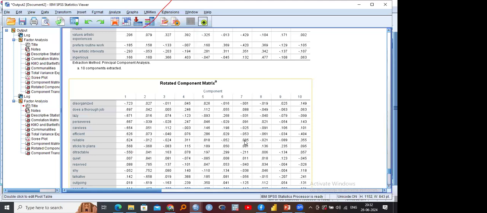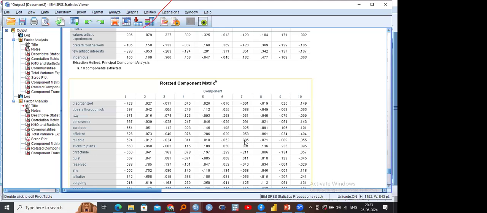And this is the beauty of factor analysis. If we look at these variables, they are almost similar to each other. A person who is disorganized will obviously not be able to do a thorough job. He will be lazy, he will be careless, right? His efficiency will also be, I mean, don't see the sign. It can be negative or positive.